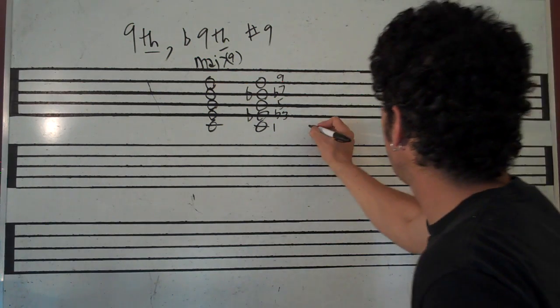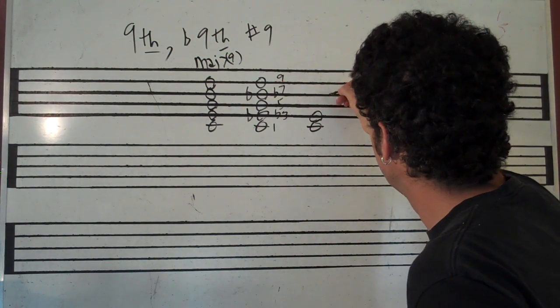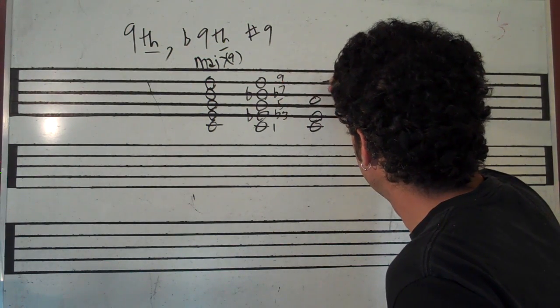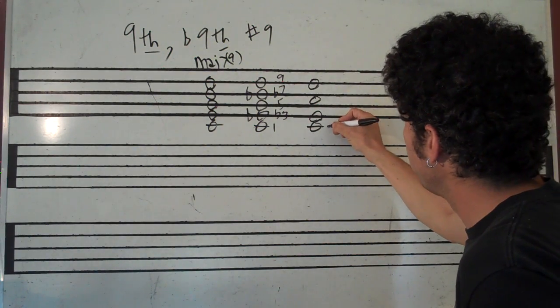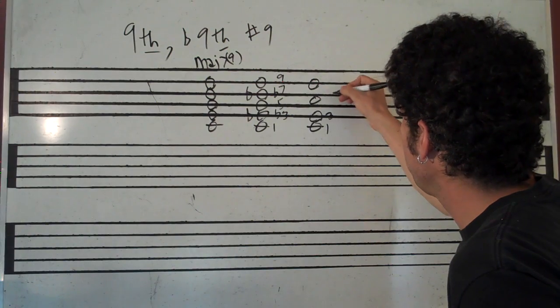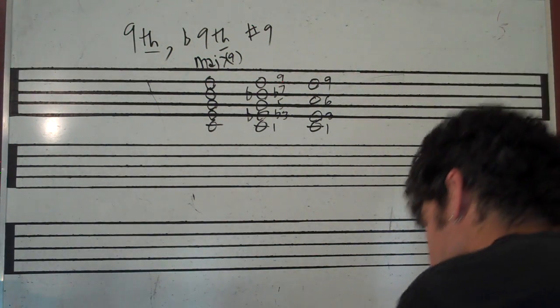Sometimes you will hear this kind of sound: C, E, A, and D. And this is a 6/9 chord. So it's major 6/9: 1, 3, and 6 and 9. And let's listen to this chord.